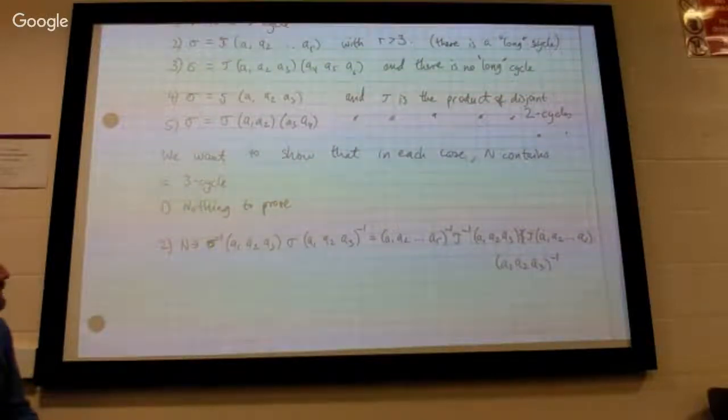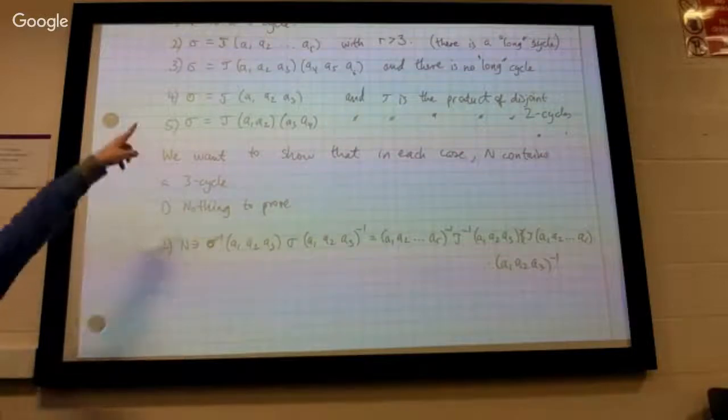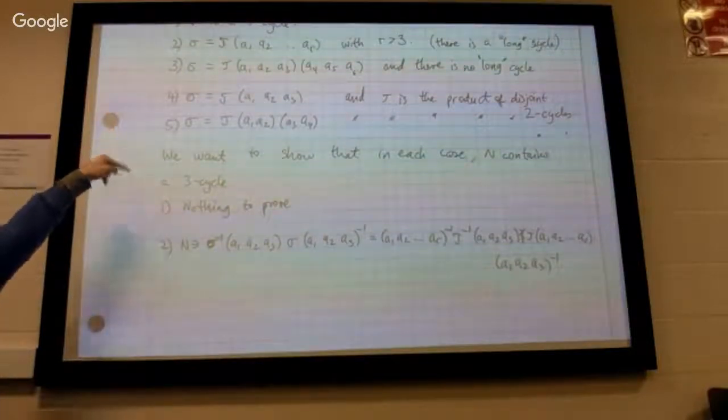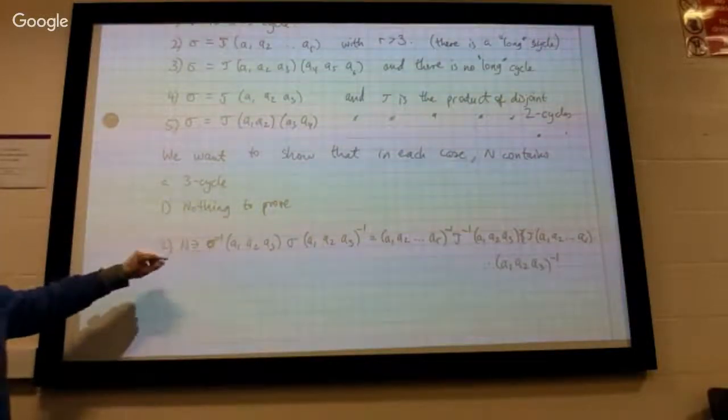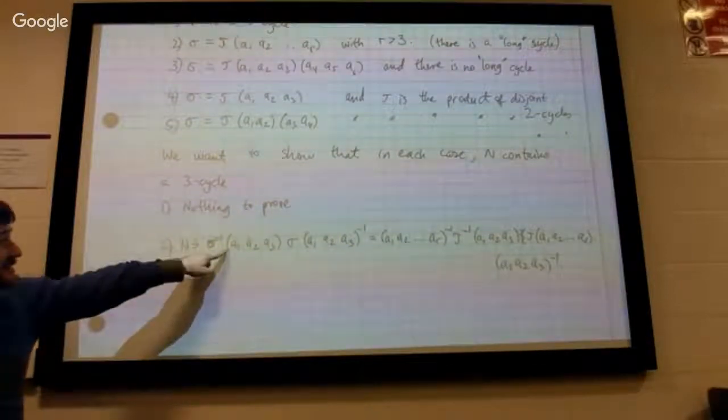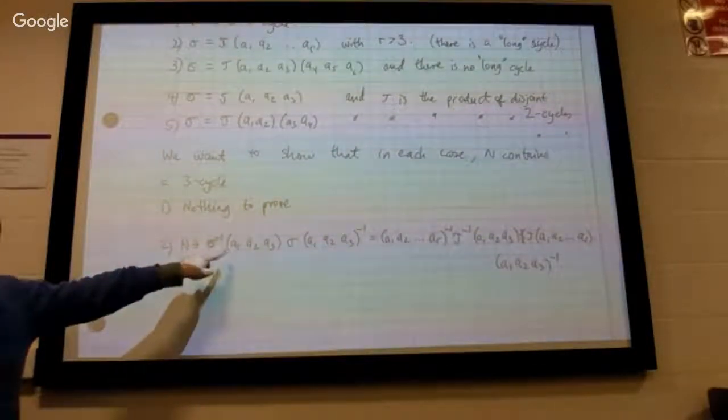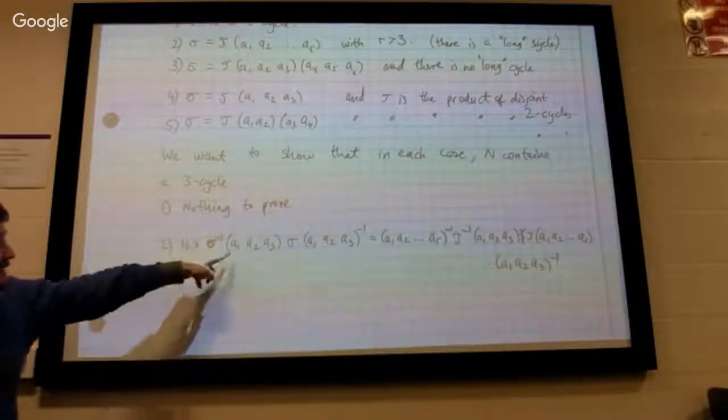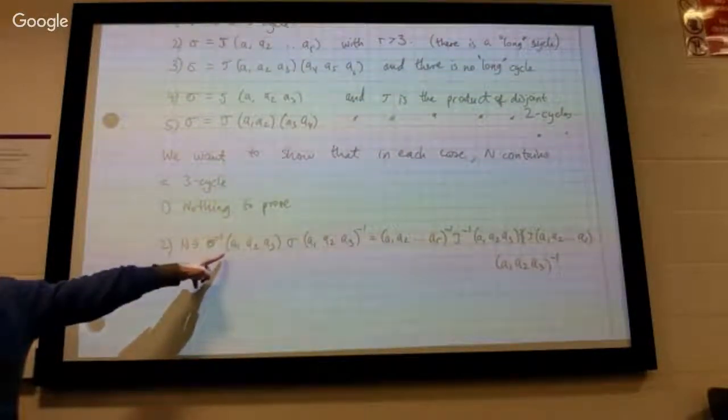In case 2, sigma is that thing over there. First, is it clear that this product is in N? I'm claiming that N contains this, but maybe you don't trust me.